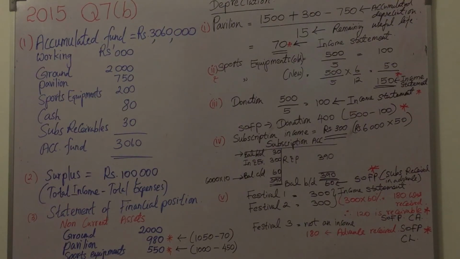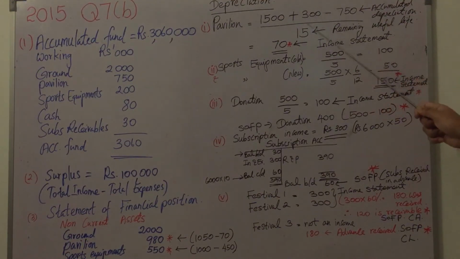Also, children, you know that the statement of financial position is another requirement in this question. Under non-current assets, ground, no depreciation, so 2000 you can include. Now the pavilion. How do you find the pavilion value? 1500 plus 300 is 1800.